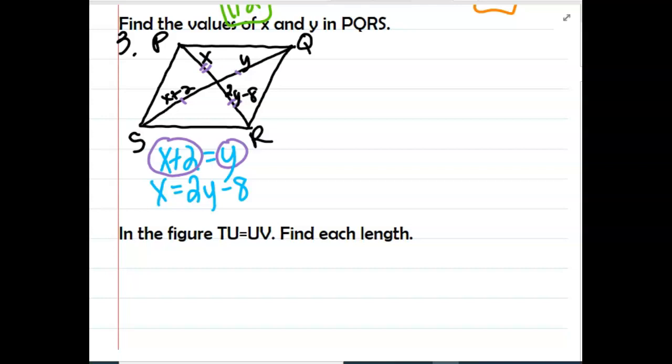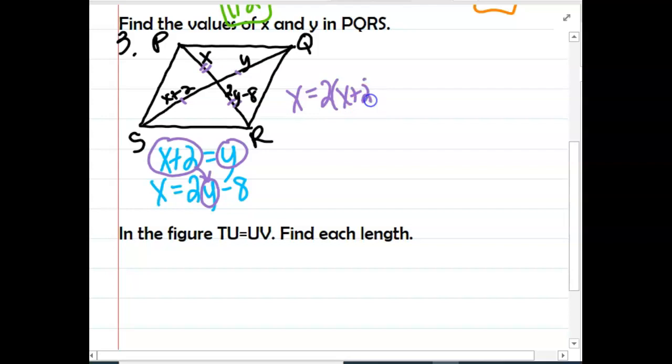So in the second equation, I don't have to use y. I can use x plus 2. So you're going to take that second equation and rewrite it. You're going to say x equals 2, but instead of y, that first equation tells me that y equals x plus 2. So I'm going to substitute x plus 2 in right there.